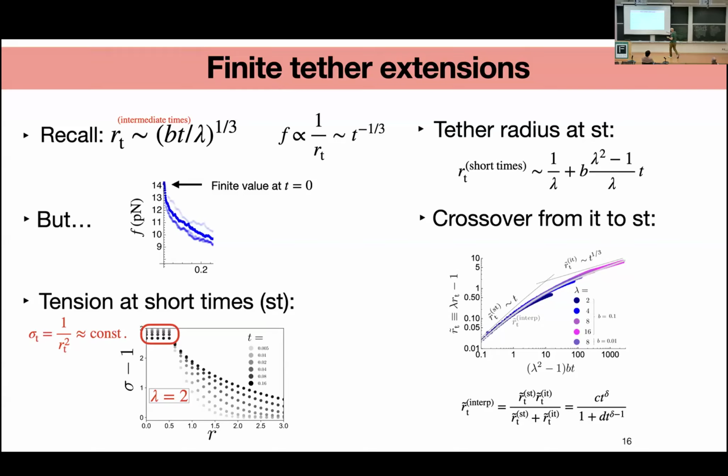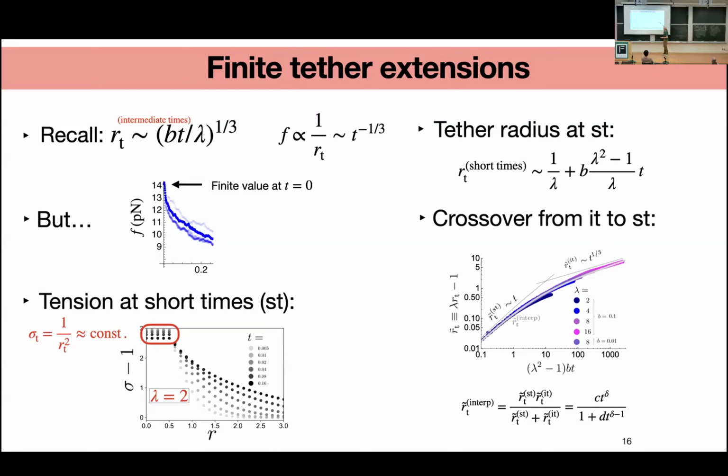And we can show quite readily that at short times, the radius is actually not growing with the power 1/3, but linearly. And what I'm plotting here is from the numerics. It's convenient to plot this rescaled radius, lambda R(t) minus 1, because in that way, at time t equals 0, this quantity is 0.